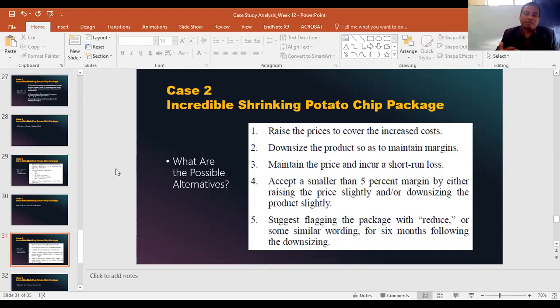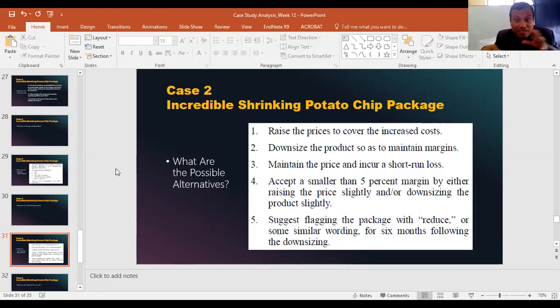The moment the next season comes, more production will happen, the price will be automatically balanced, and your supplier will give you the price not at the increased rate but at the normal rate, then everything will be normal. So maintaining the current price and incurring a short-term loss could be a third alternative.